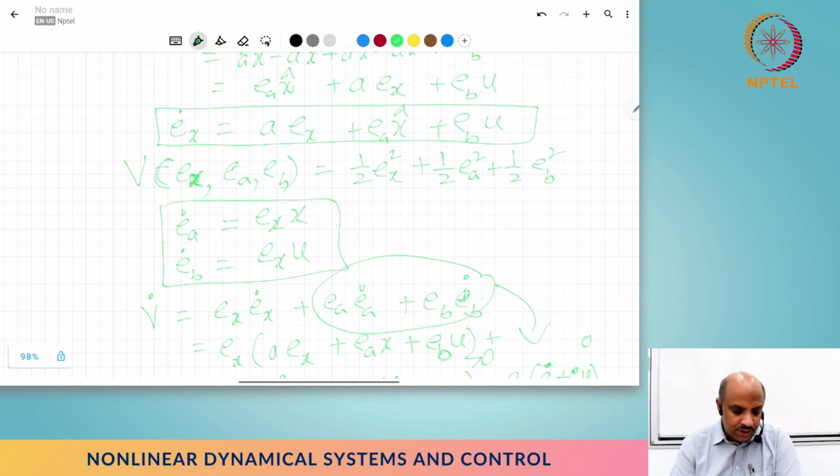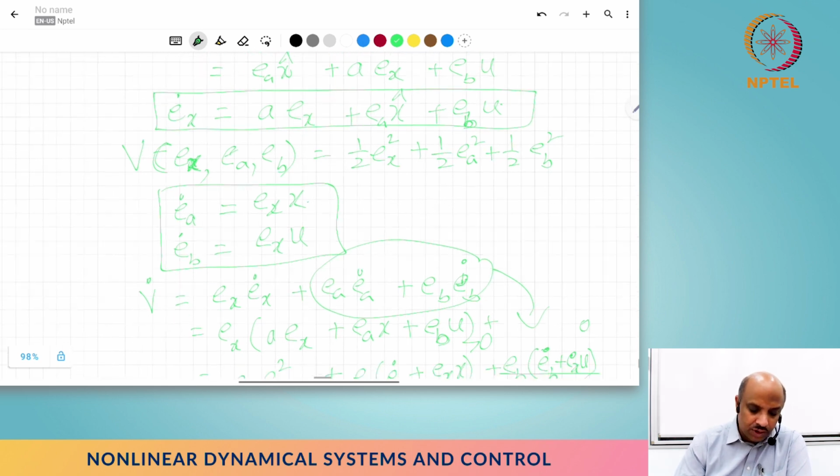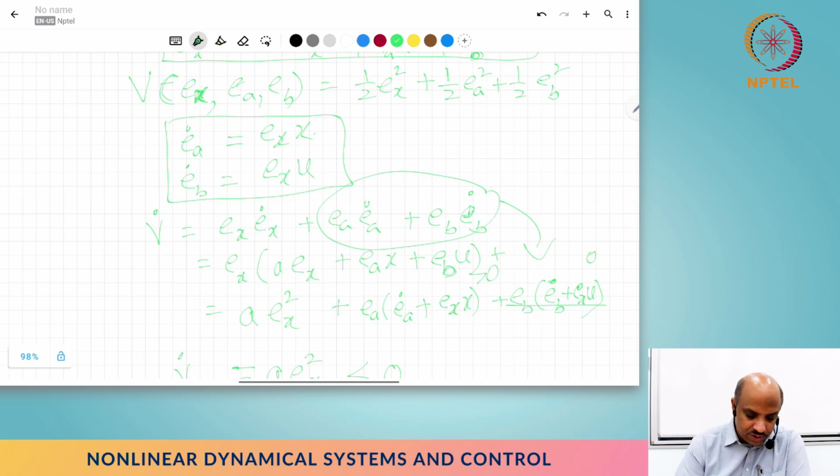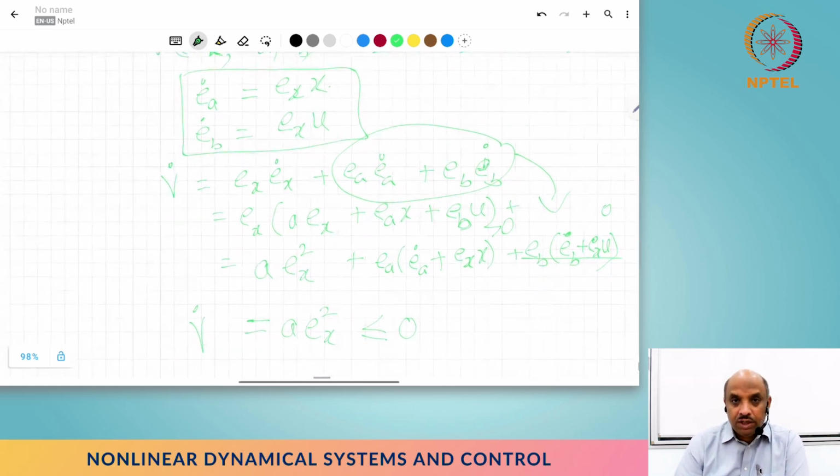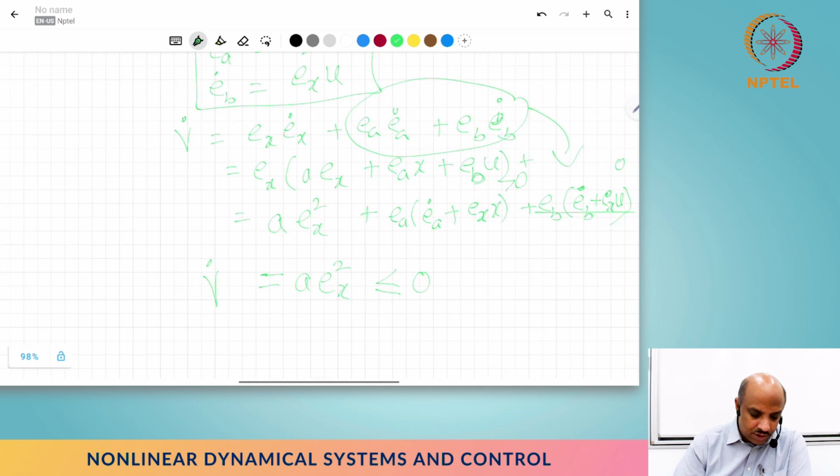If the system didn't have any external inputs, and by the way, u is external, even in the case of u equals 0, things will still be strange. But x hat is kind of an external input to this error system, right? So it's a time varying system in that sense. It's not a time invariant system, so we cannot have a guarantee of invariant limit sets and things like that. So that's the first difficulty. So LaSalle cannot be applied directly.